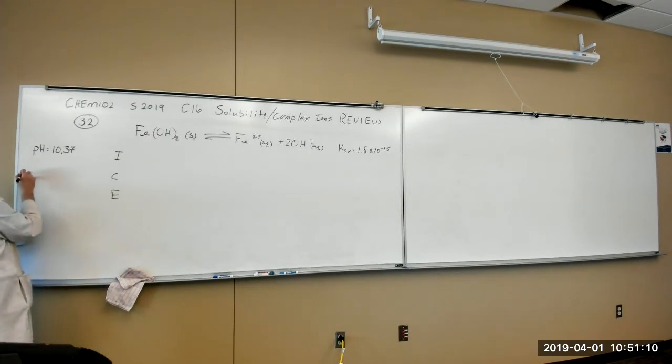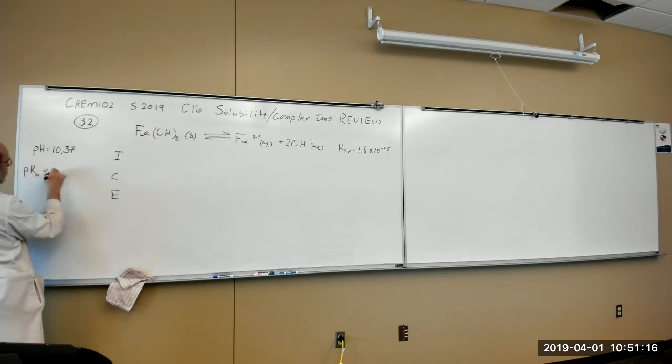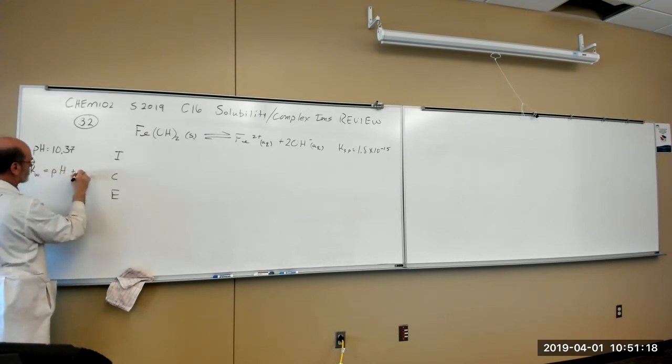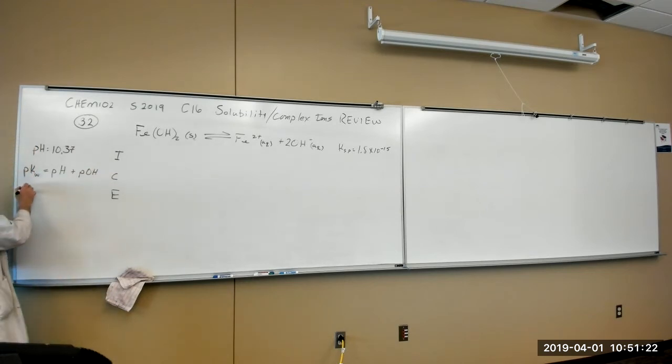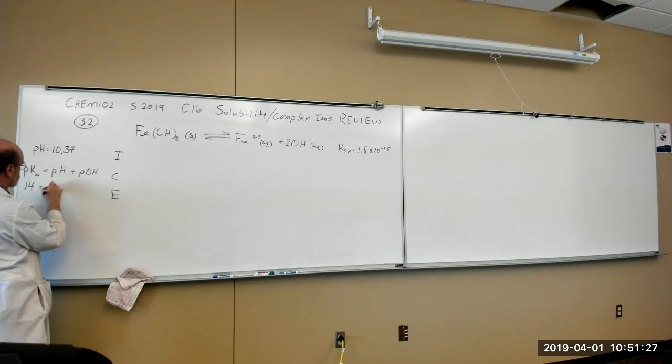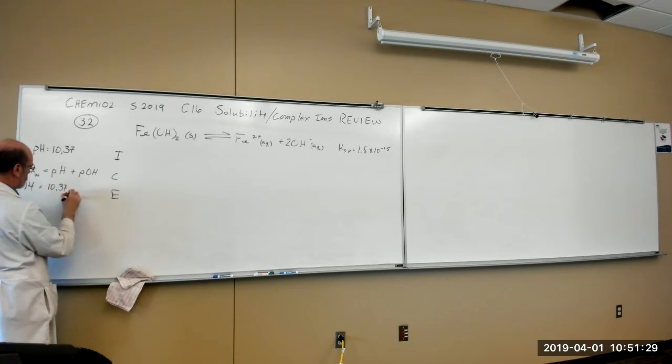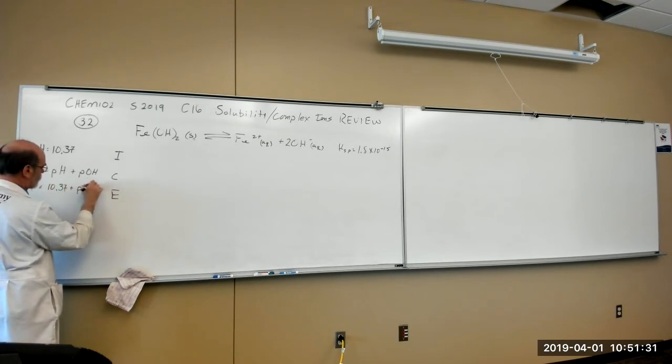So the pKw for water is equal to the pH plus pOH. This is 14. This is 10.37. And this is unknown.